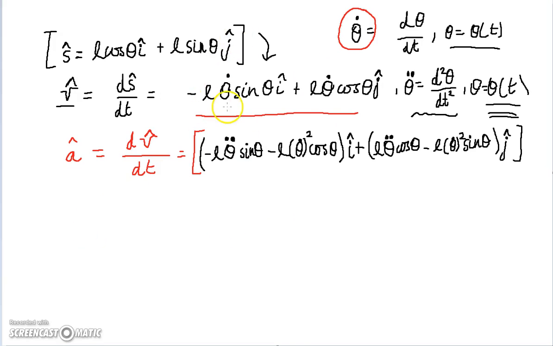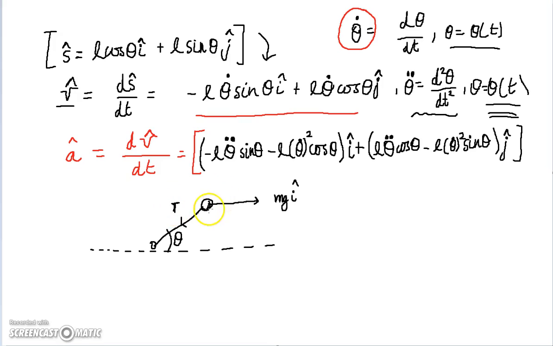Now we're going to refer back to that diagram. Remember, if this is my pendulum bob of mass m, it has a force vector here, which is just mg i hat. If this is the vertical, and this is theta, again theta is theta of t, a function of time, then this is my tension vector.